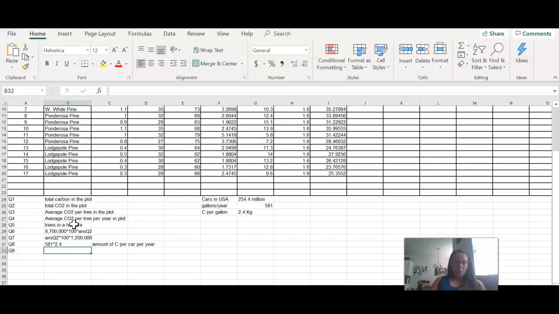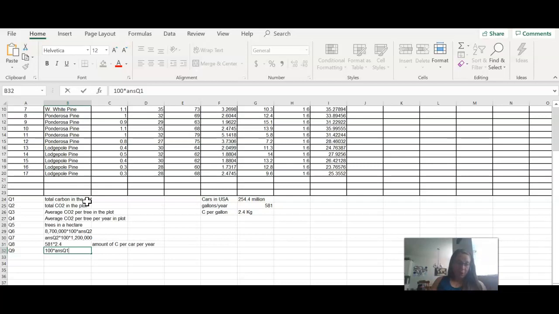We know that the first question answers the total carbon in our plot, and we know how big our plot is. So we know that our plot is 100th of a hectare. So if we multiply the amount of carbon in our plot, the answer to question 1, times 100 to make it the carbon that is sequestered in 1 hectare, we will have some value of carbon.